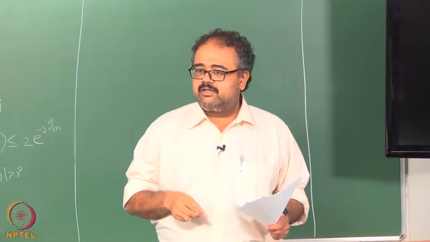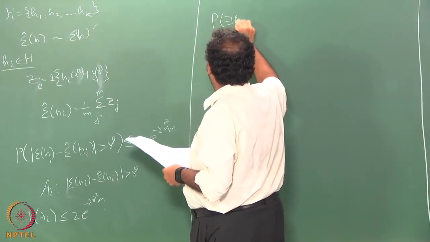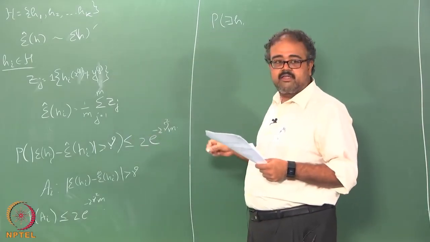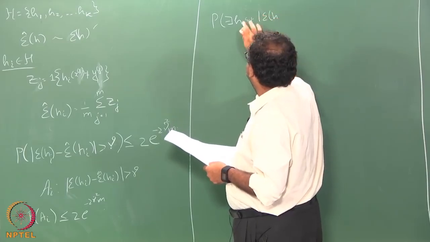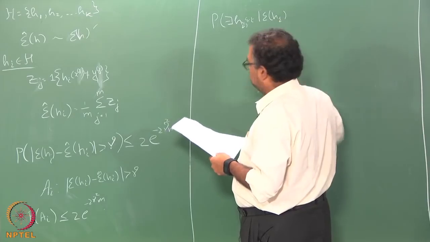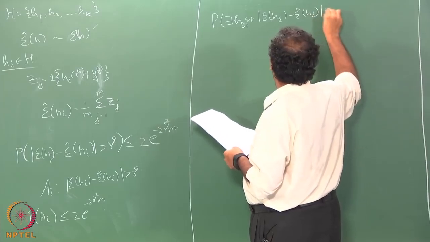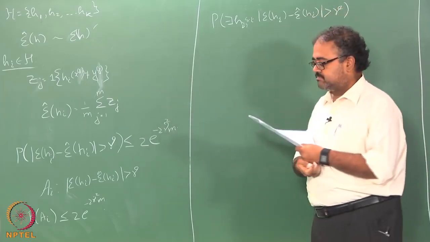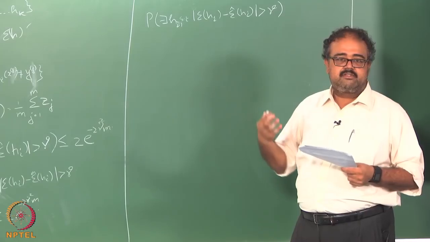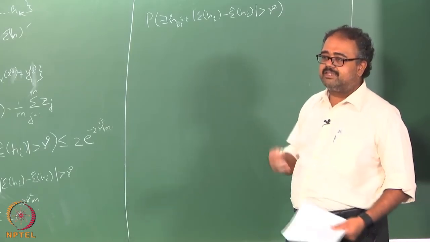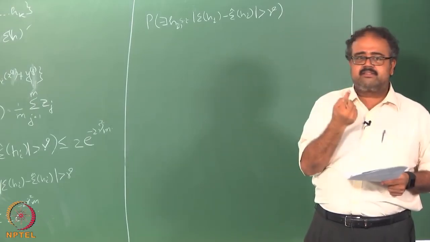So essentially this reduces to: there exists H such that, let's say some Hi. So at least one H. The probability of at least one H, that is what this "there exists" stands for. There exists means there is at least one H for which the error is large.